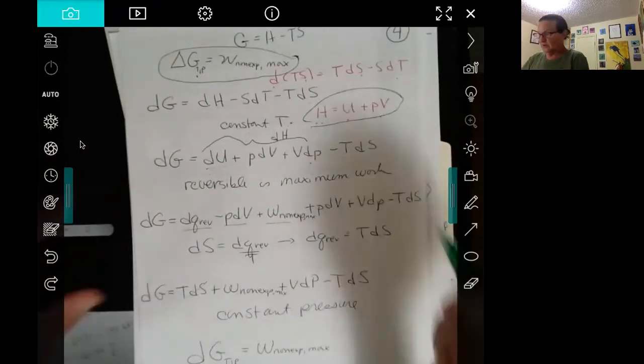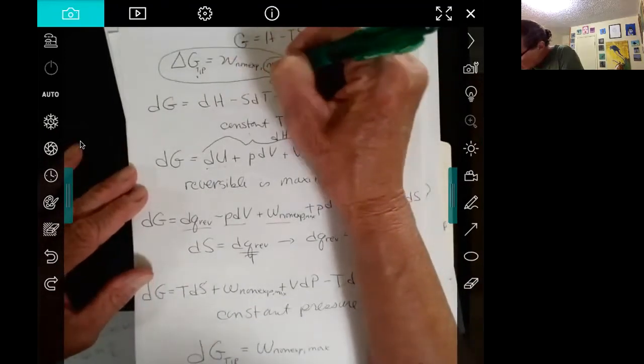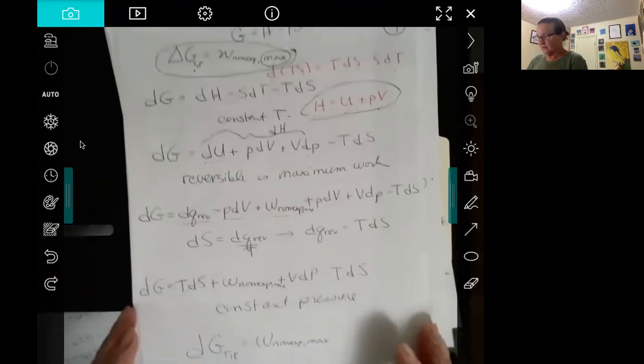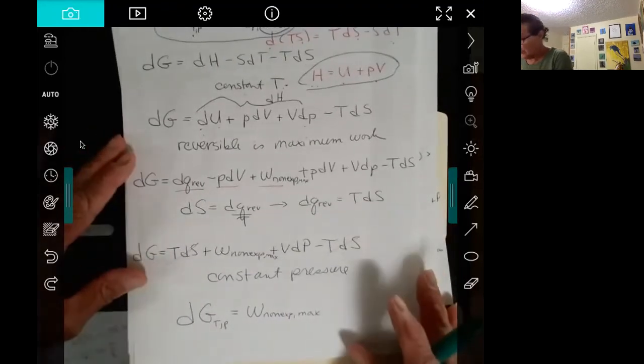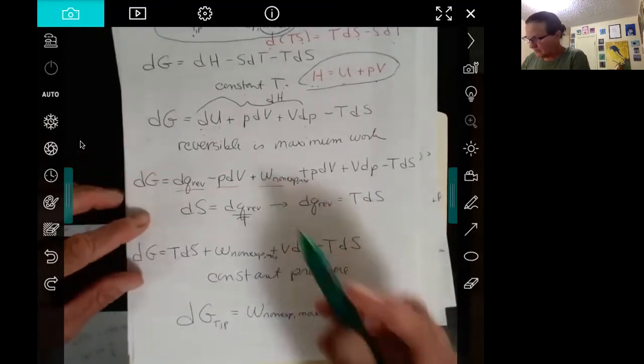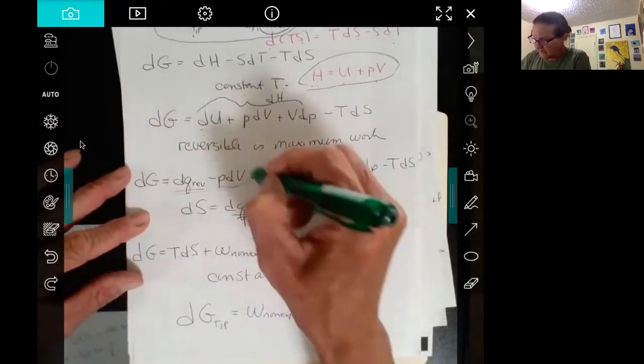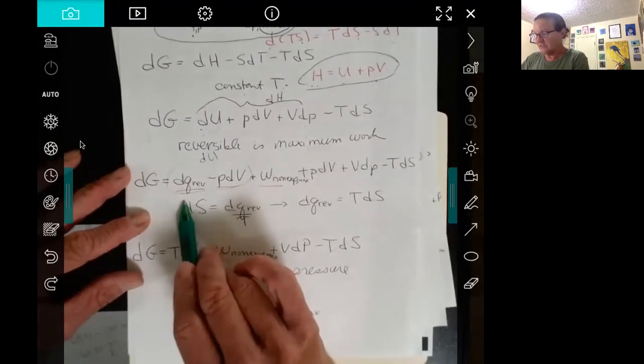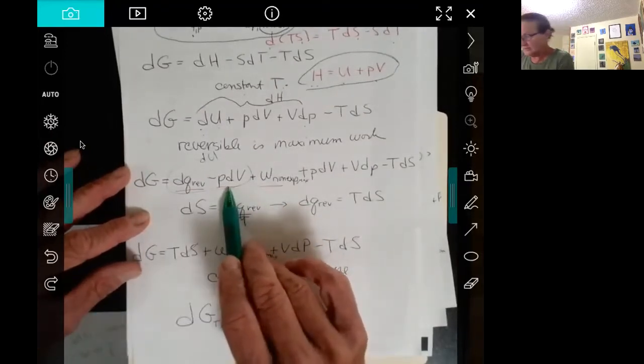So if we want to think about this maximum part, the work will be maximum if the process is carried out reversibly. So let's think about what that means. So if we plug in, this is dU. dU is how much heat's transferred and the work that's done.